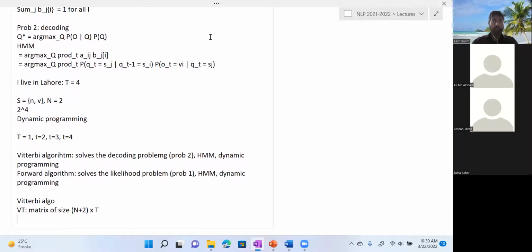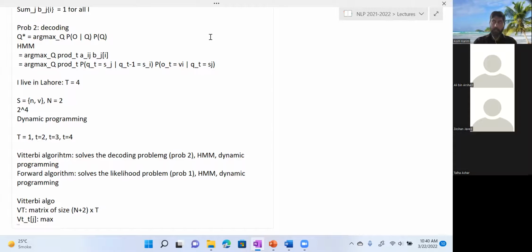And so how do we proceed using this matrix? Each element of this matrix, V_t(j), T of course is the column, corresponding to the position T, and then the row of course is the state. I'll write that state as J, because we previously used Sj as a state. So this corresponds to the state Sj at position T, and T of course is the column in this matrix. So this is one element in this matrix. What does this element store?